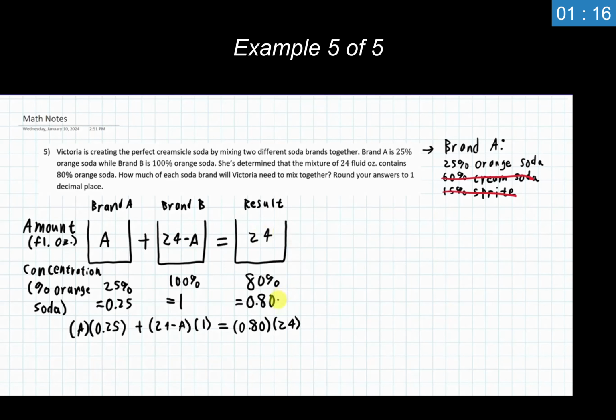So if we have percent problems, we multiply all of the amounts with the concentrations together for each of these ones. So example 4 had this showing up. Example 5 we have here is the other example showing up where we always multiply the amount and the concentration together. So now that we have our initial setup, let's go through and let's solve this thing.